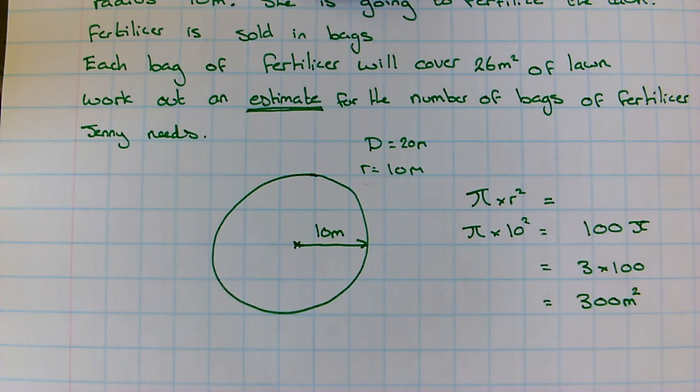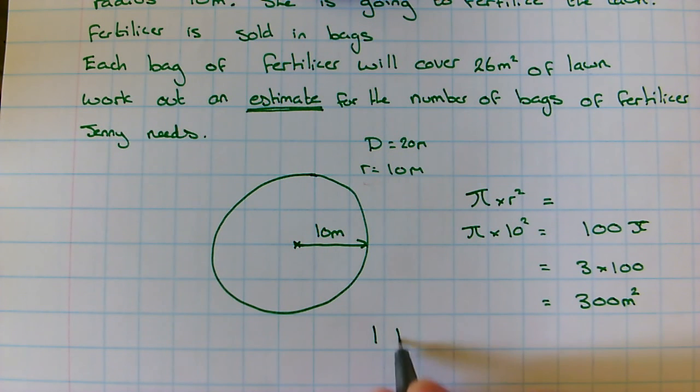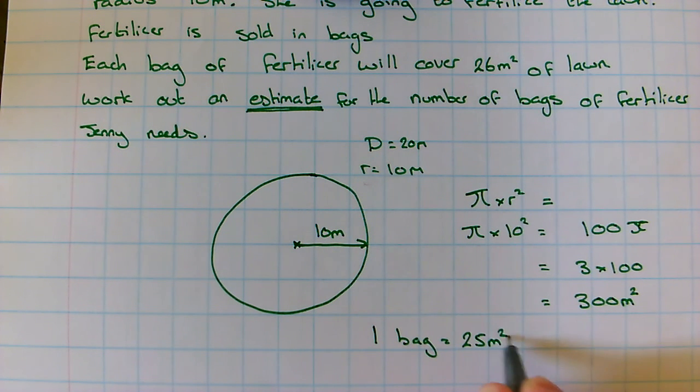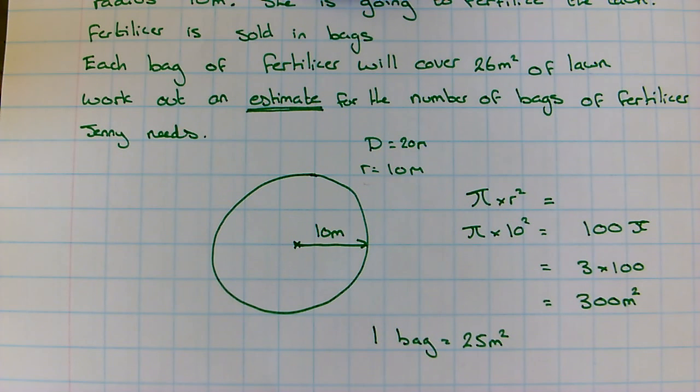You could also round it up to 30. Okay, that is another thing, one significant figure. You could also round that up to 30, but I'm going to round it to 25. So I want to write one bag equals 25 metres squared. Remember, this is only an estimate.